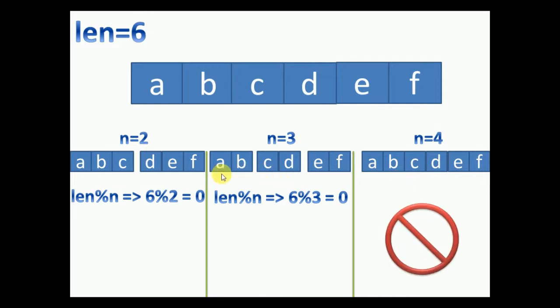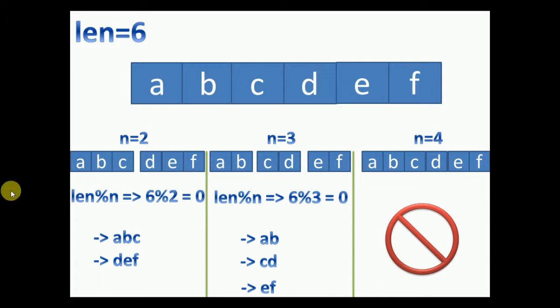After dividing it into these equal parts, it will come like this: the first part is A, B, C, and the second part will be D, E, F. So for that we need to repeat our for loop 2 times. Here we will use the for loop concept and we will repeat our inner for loop 2 times. For that we will use one more for loop, the outer for loop, that will repeat our inner loop 2 times.